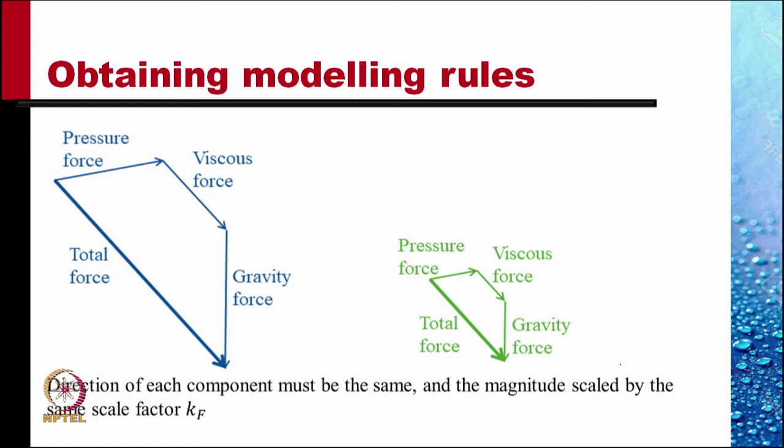So it's not only the pressure forces that have the same scale factor, but the x component of the pressure forces also would have the same scale factor. The y component of pressure forces would have the same scale factor, the direction being the same. Similarly for all forces. This is the basis on which we construct the modeling rules.